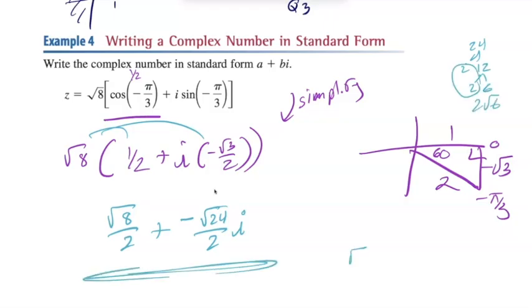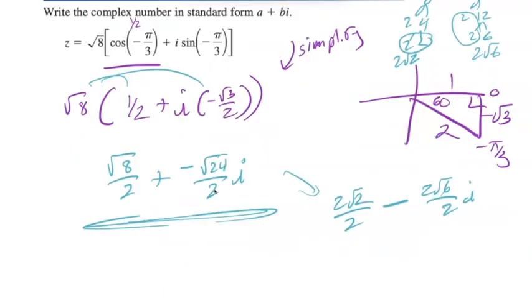I can also break down radical 8. 8 is 2 times 4, 2 square root 2. I should break down both of them honestly. 2 square root 2 over 2 minus 2 square root 6 over 2 i. These reduce and you get square root 2 minus i square root 6. That's the best possible answer, not this stuff here. But that's all you do, just simplify it.